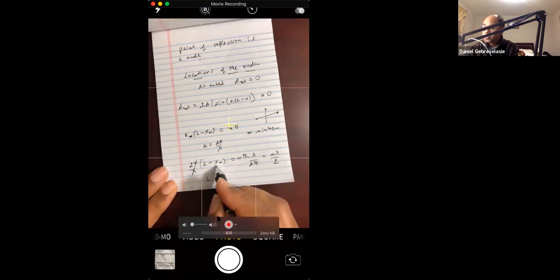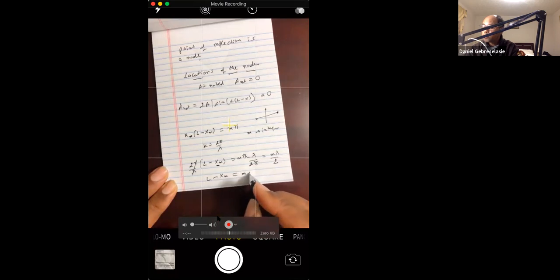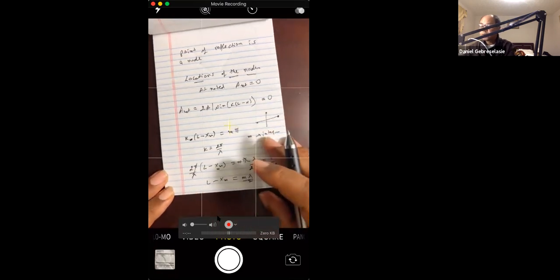Remember, these are the locations of the nodes. That's why you put 0 over here, okay? So L minus x_m is m times the wavelength divided by 2, or you get the location of the nodes, which is x_m equals L minus m lambda over 2. Okay, so this gives you the location of the nodes.